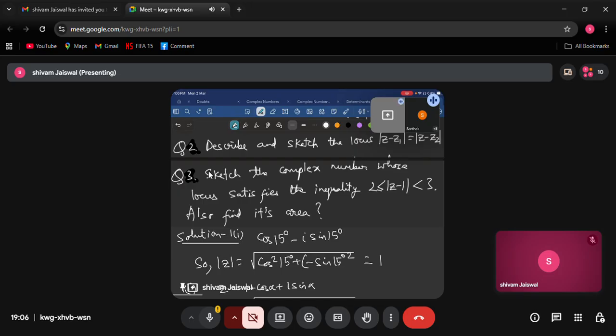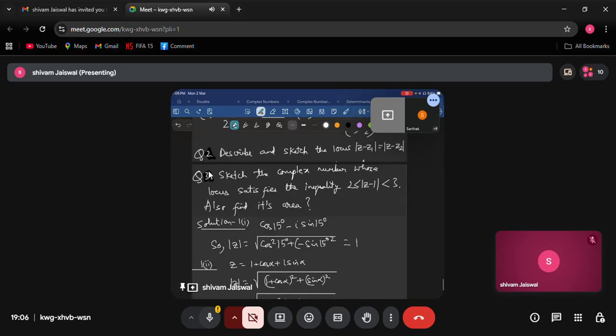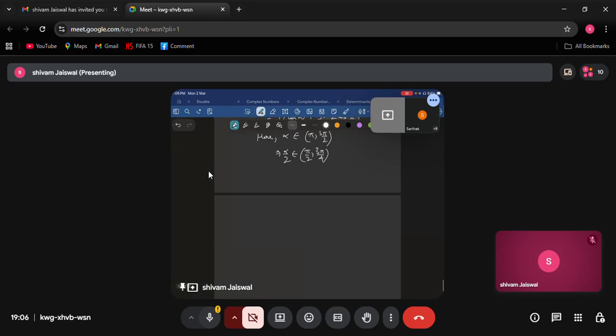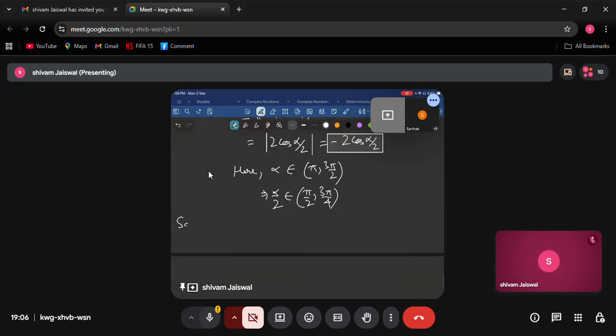So what does mod of z minus z1 represent? Yes, Sarthak, right answer. Mod of z minus z1 represents distance from z to z1. Right.